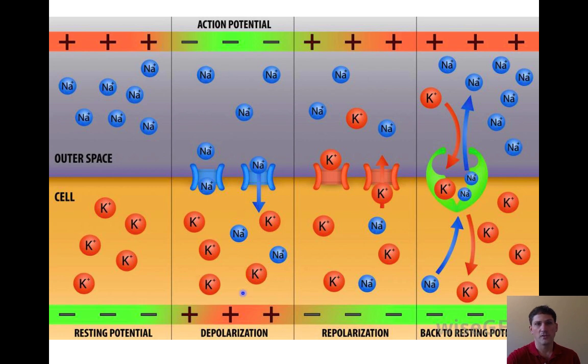During an action potential, we have depolarization, so we can see what's happening with our ions and our voltage. During repolarization, you can see what's happening with our ions and our voltage. We're returning back to negative, and then again at resting potential, we see that sodium-potassium pump working, and maybe those astrocytes helping remove that extracellular potassium.